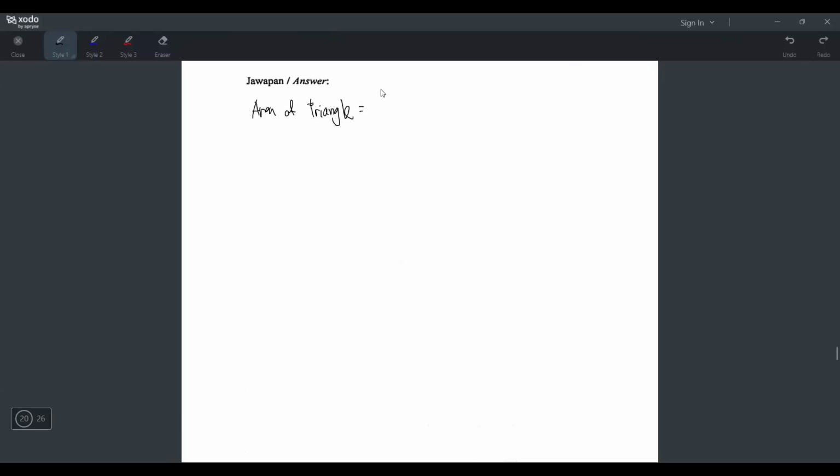And if they give you the coordinates of the vertices of the triangle, the vertices of a polygon, not necessarily a triangle, you can use this formula: 1 over 2 modulus x1, y1. You will write the first vertex in this way, and then the next vertex's coordinates you write like this, and then the next vertex's coordinates like this, and then repeat the first one like this, right? And then you will just start to multiply them together like this.